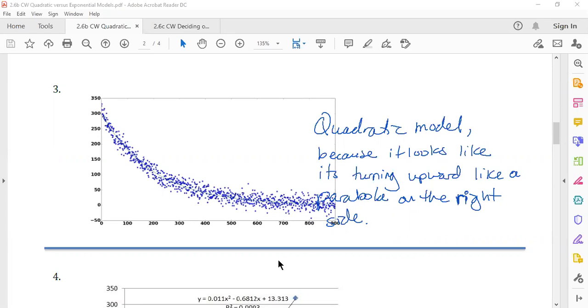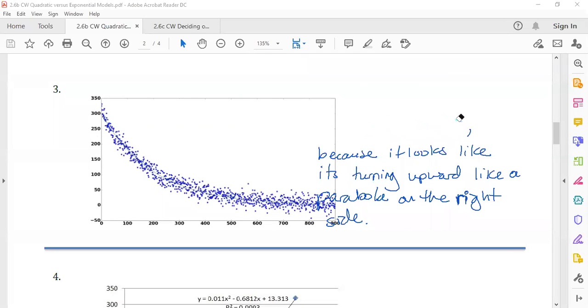Okay, so same question. Is this an exponential or a quadratic? Exponential or a quadratic?